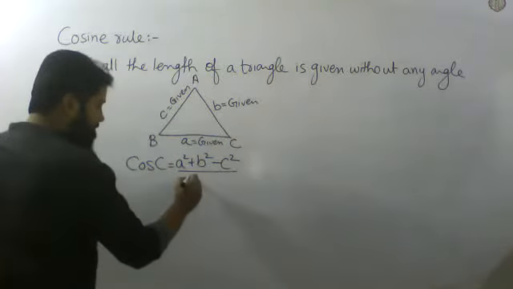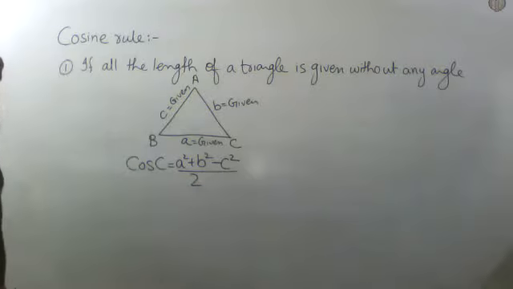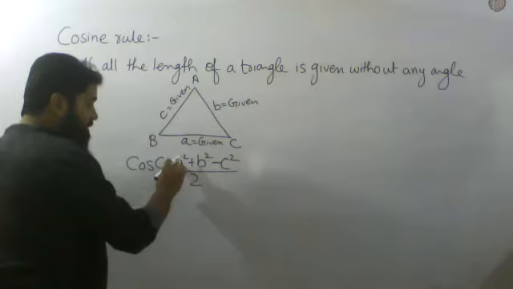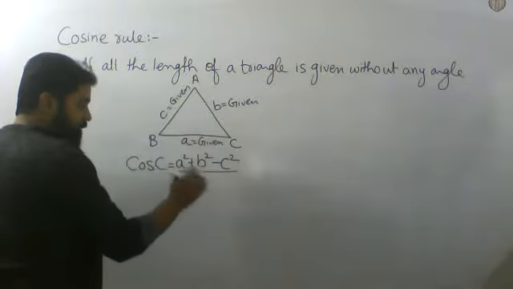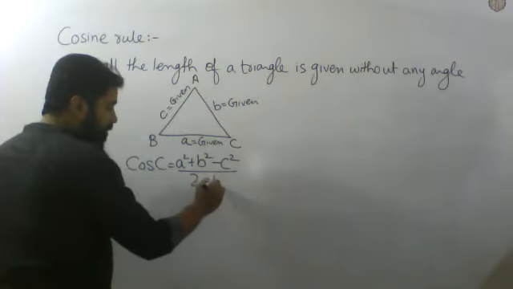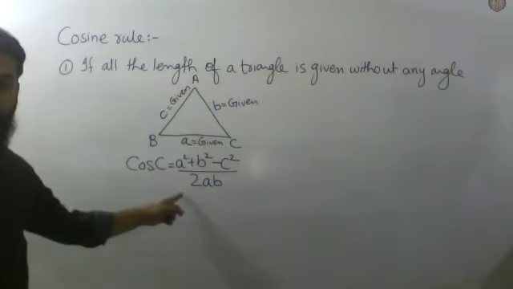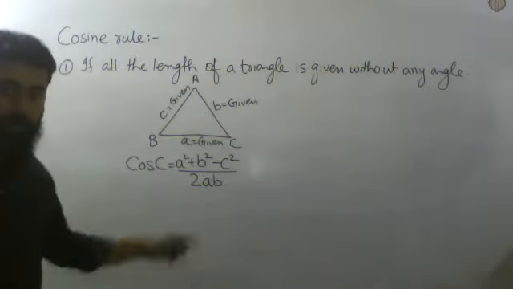Divided by 2. Now the ones which are positive squaring in the numerator will be written in product form without squaring, and you have got your formula over here.